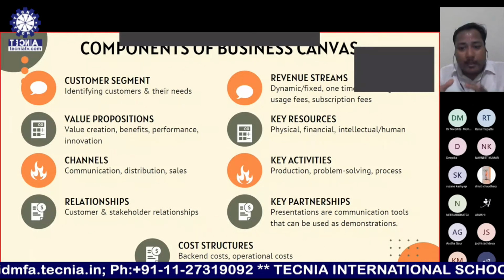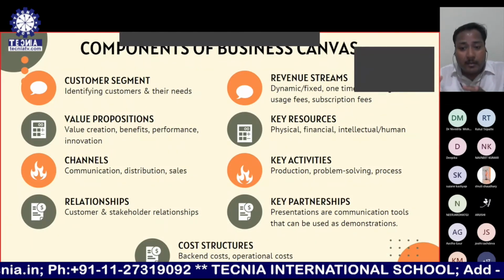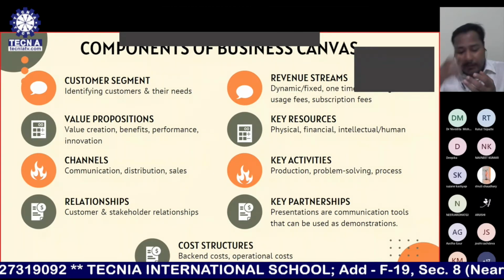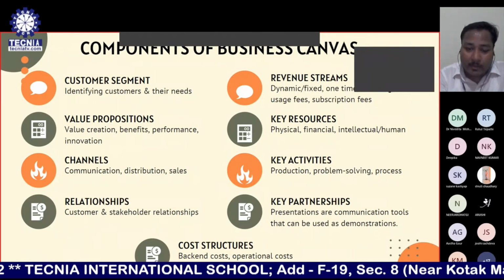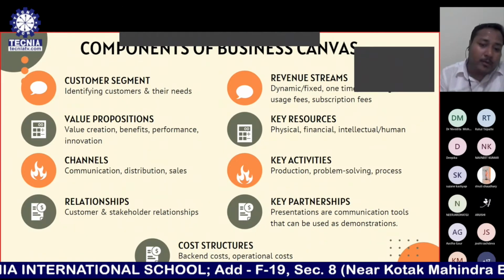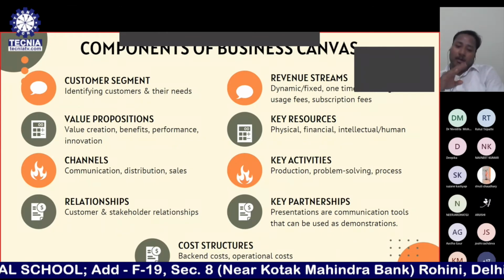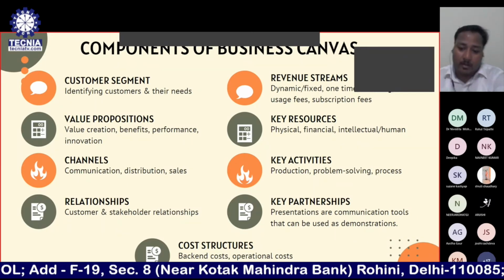Who are the key partnerships? Who are your key partners? Your suppliers, everyone who comes in the value chain, are the key partners actually. And what is the cost structure? Cost structure here defines the back-end cost, the operational cost, the management cost.